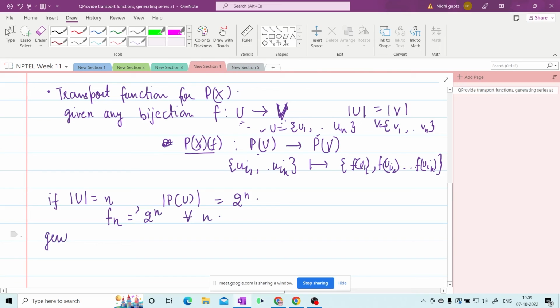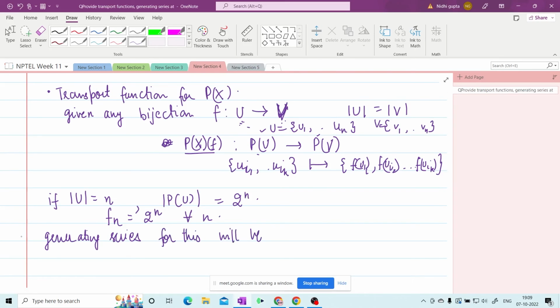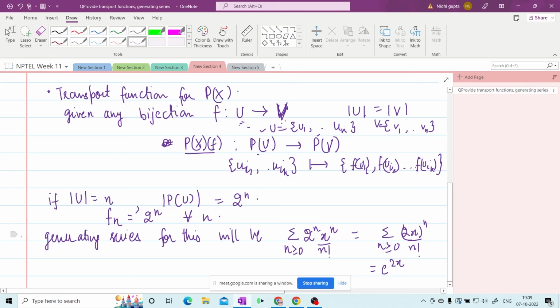So the generating series for this will be the sum where fn is the coefficient, 2 to the n, x to the n over n factorial, n greater than or equal to 0, which we can further simplify, and we see that it is nothing but e raised to the power 2x. So this is the generating series.